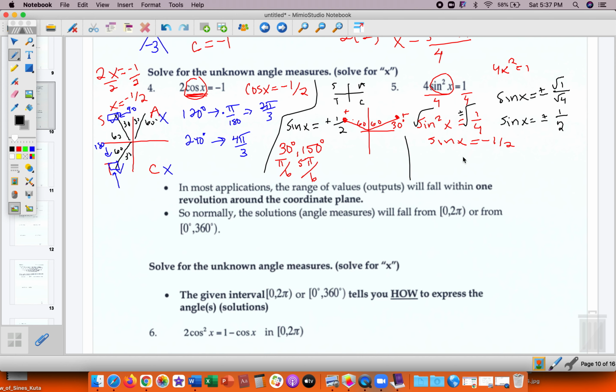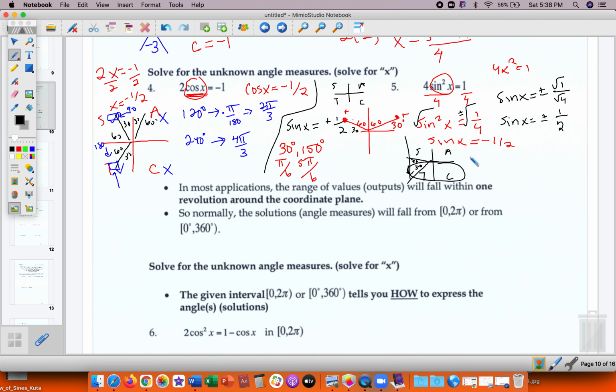Now, if you're getting the answers for where sine's negative 1/2, if it's all students take calc, we know we're going to have negative 1/2 in quadrant 3 and 4. So if you look down here, if we added that 30 here, then we know that little sliver's 30.